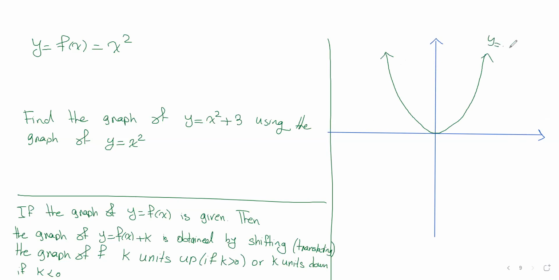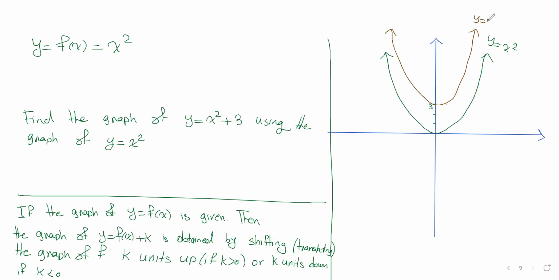So this is y equal to x squared, roughly, right? Now I want x squared plus 3, so I just have to shift it 3 units up. This is 0, so you just shift it 3 units up. You don't change anything. It's exactly the same thing, just shifted 3 units up, right?